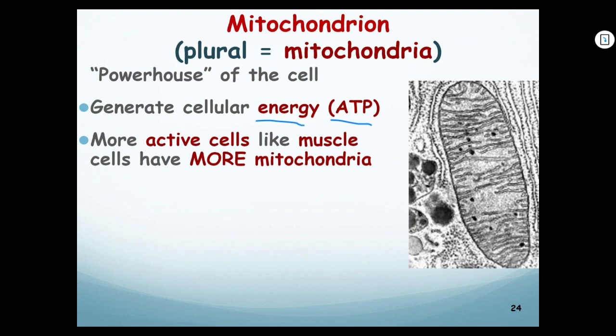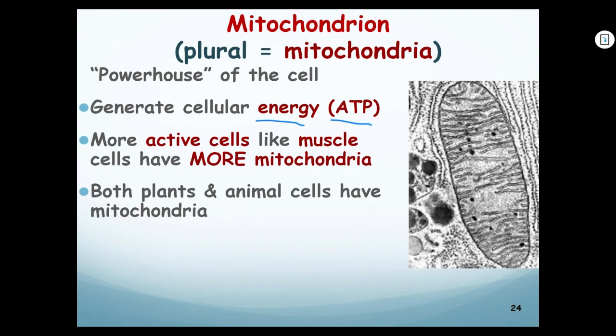So, like your muscle cells, your heart cells, different cells like that, where you have a lot of activity going on, they will have more mitochondria because they need more of this ATP to do the activities that they have to do, right? So both plant and animal cells will have mitochondria, and you'll see that when we get into photosynthesis and cellular respiration.